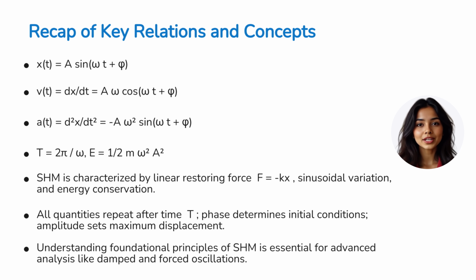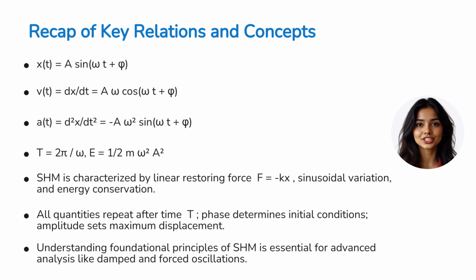Displacement x as a function of time t is expressed as A times sine of omega t plus phi, telling us where the object is at any instant. The velocity v(t) is the first time derivative of displacement and can be written as A times omega times cosine of omega t plus phi.